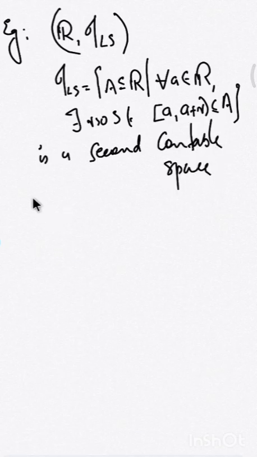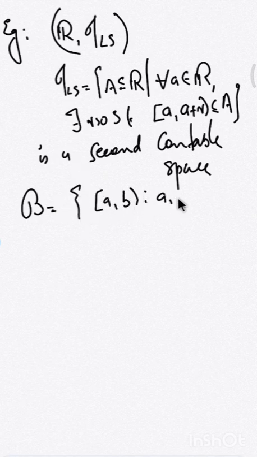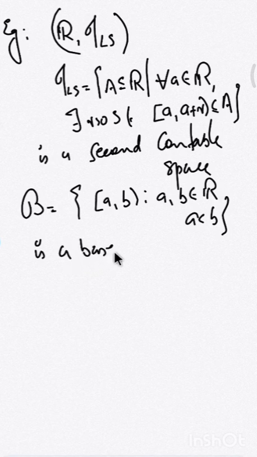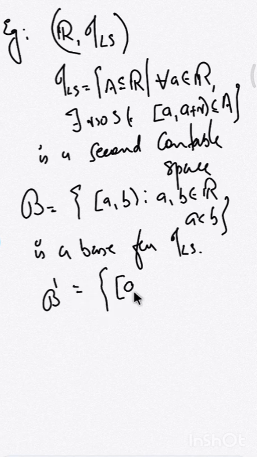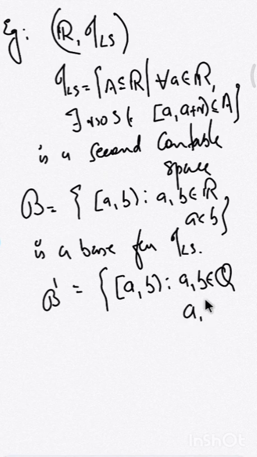We already proved that script B, the collection of all [a, b) where a, b vary over the real numbers with a less than b, is a base for this topology, Tau LS. Then if you restrict a and b to Q, this collection will be countable. So the collection of all [a, b) such that a and b vary over rational numbers, a less than b, is also a base.